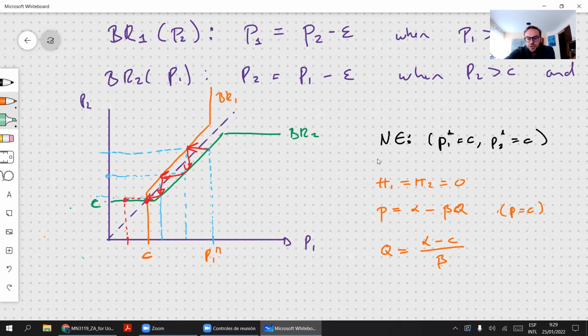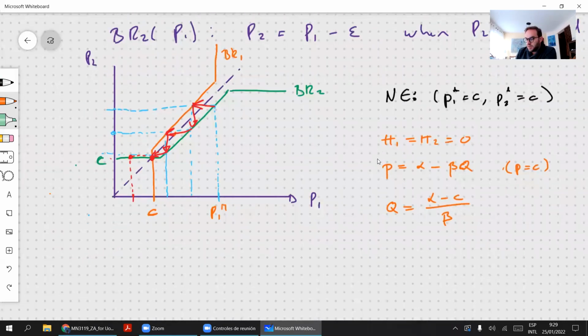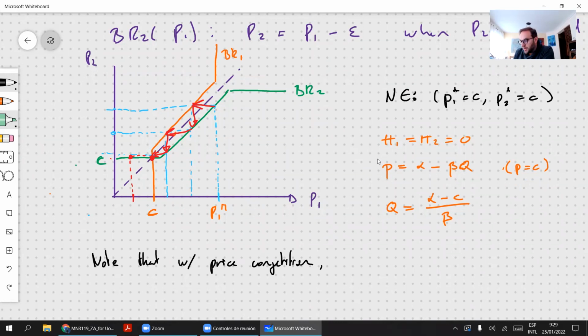And the other thing that we should remark that is important is that note that with price competition, which is a Bertrand competition, so the strategic variable is prices, prices are strategic complements in the sense that they move together.